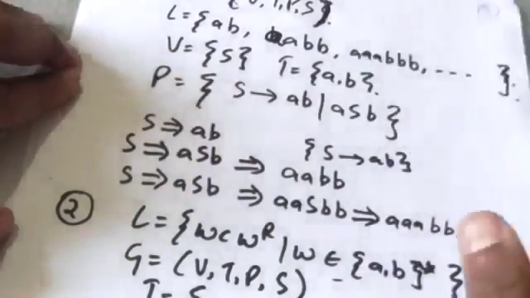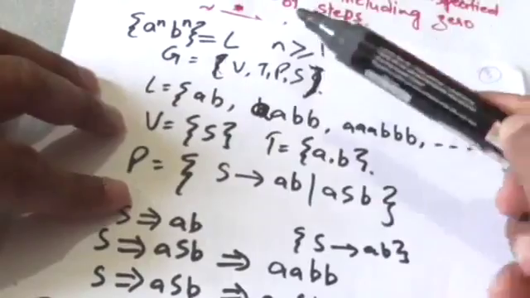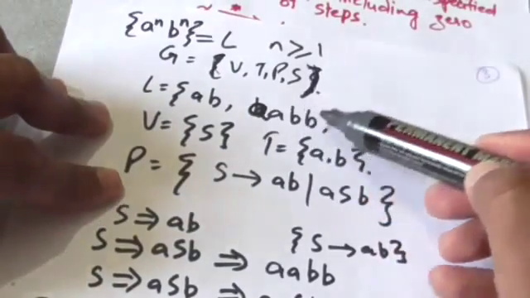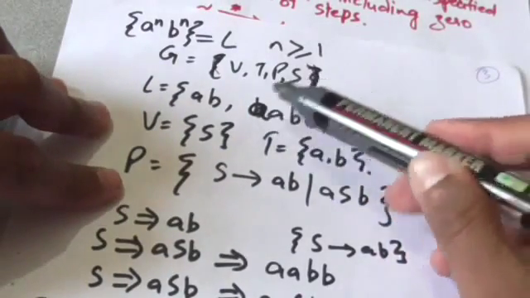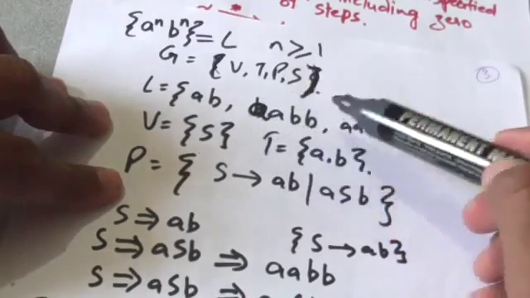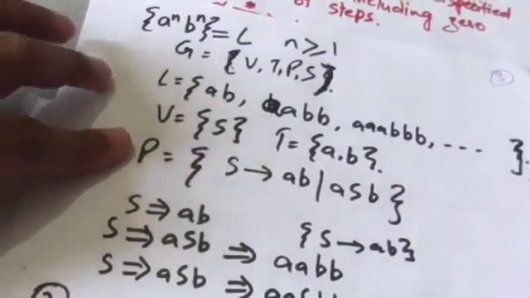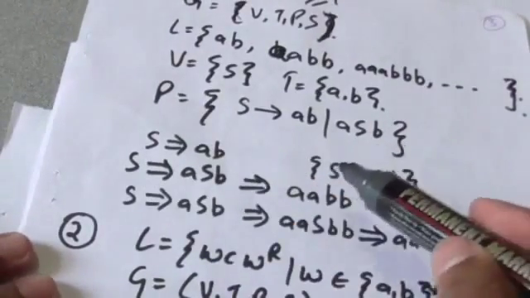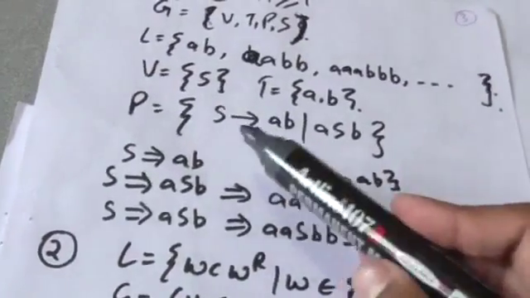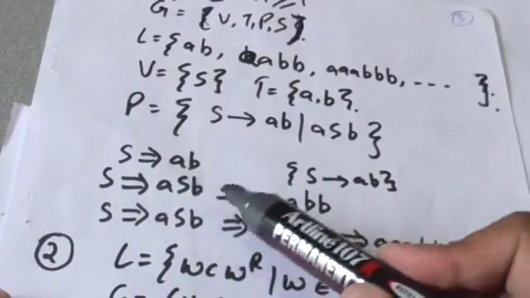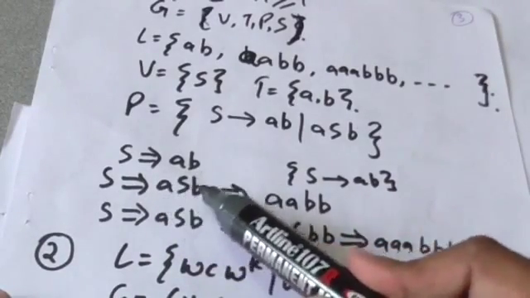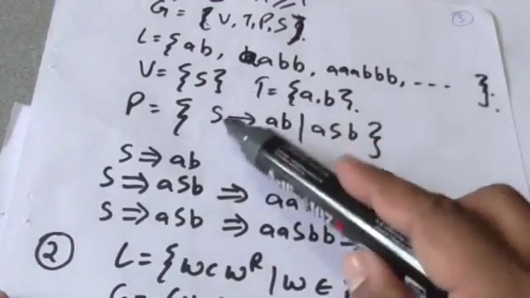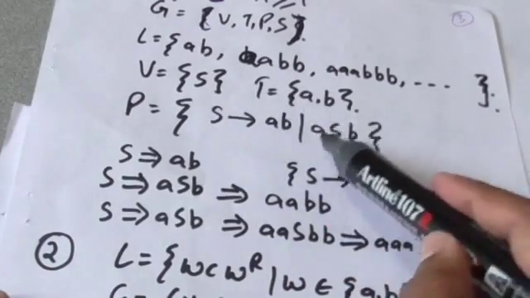Now this language has a string AABB. So this string must be derived from start symbol S. So again, it is the derivation of AABB. Here S is replaced by aSb because there is a production S derives aSb.